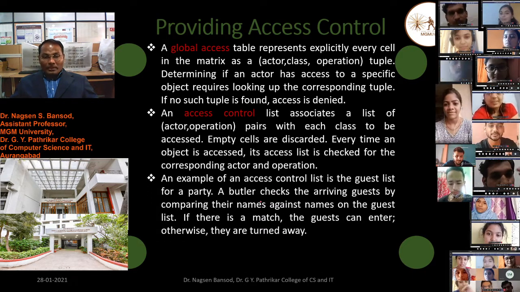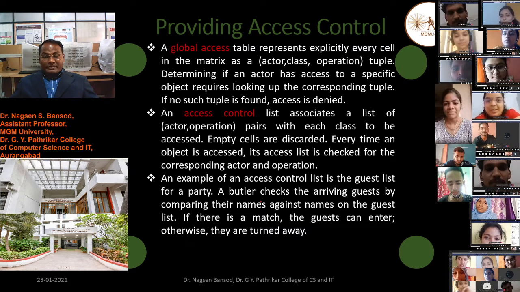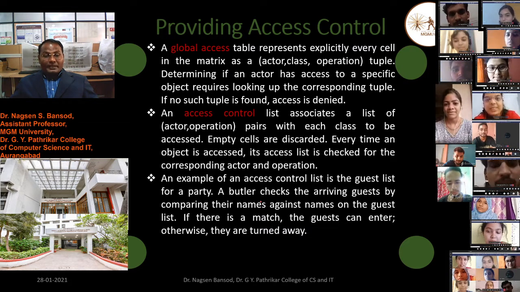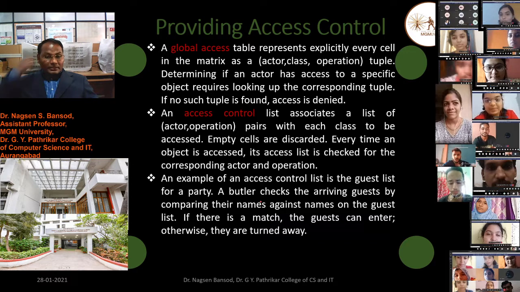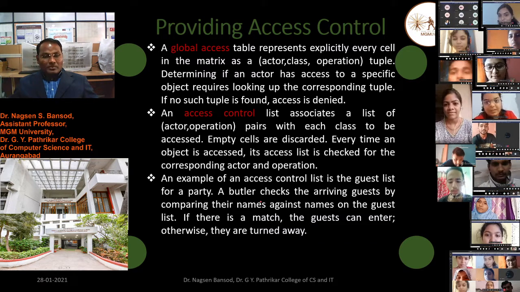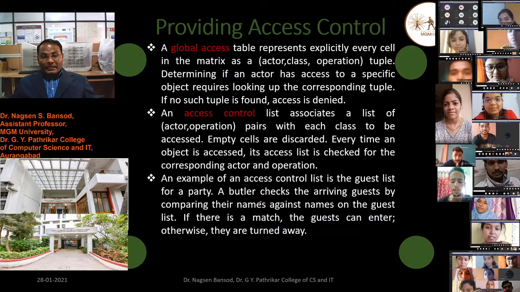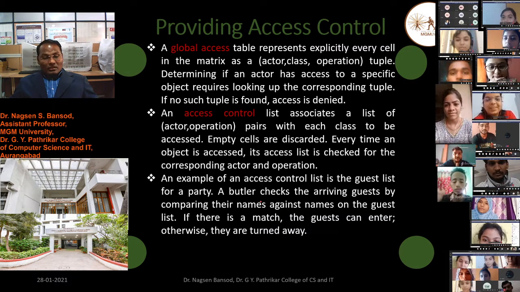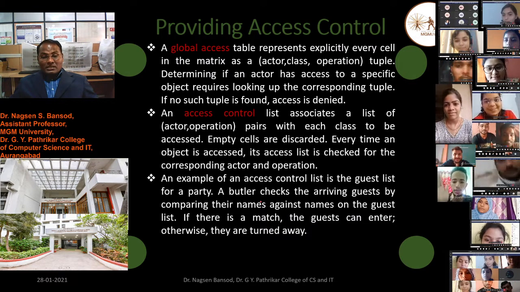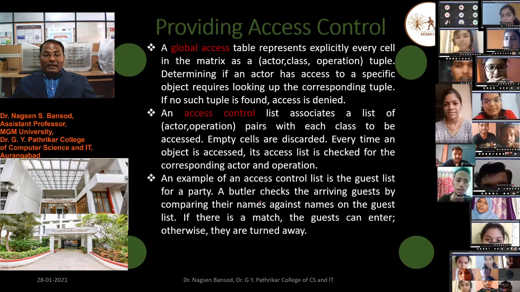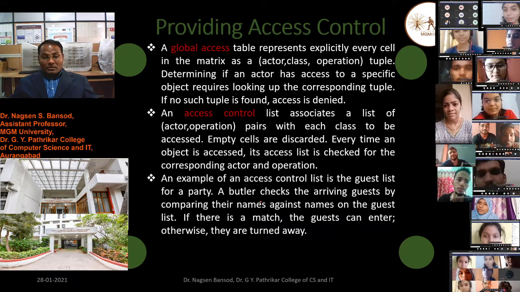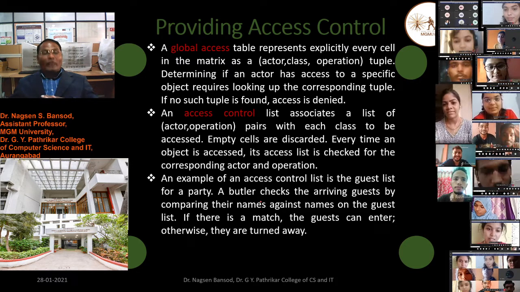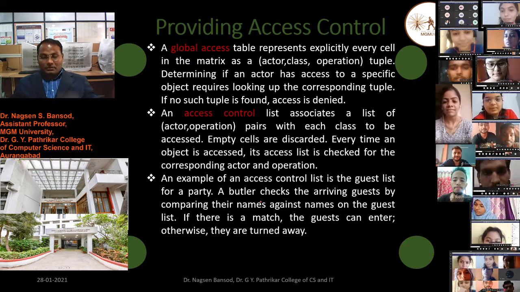For example, an access control list is like a guest list for a party. A butler checks the arriving guests by comparing their names against the names on the guest list. If there is a match, the guest can enter, otherwise they are turned away. They will not get access.